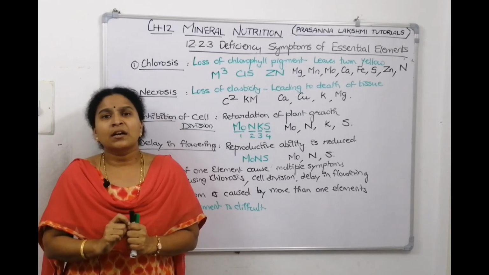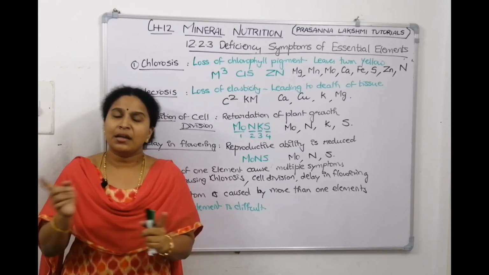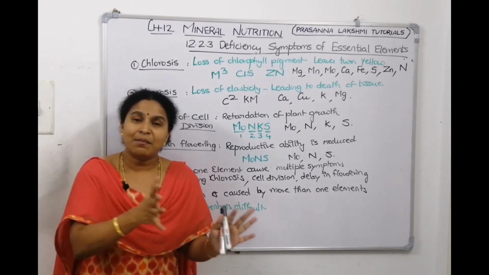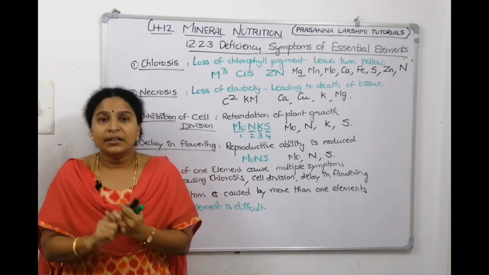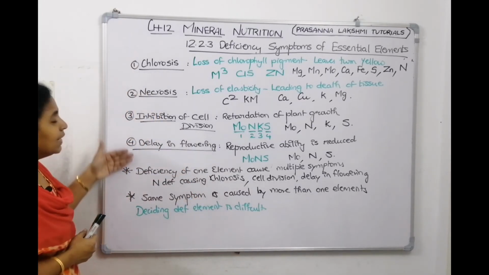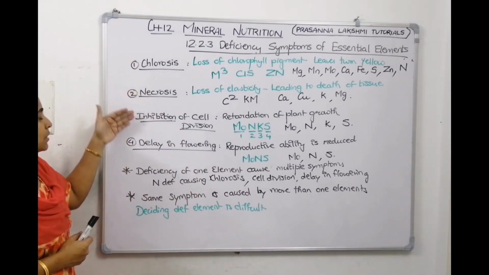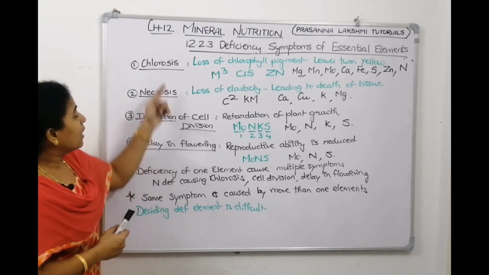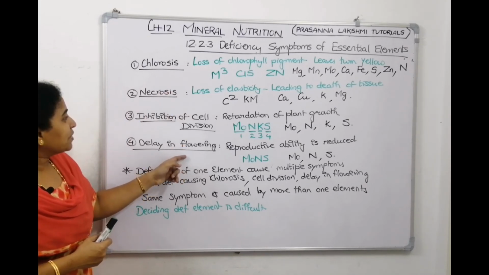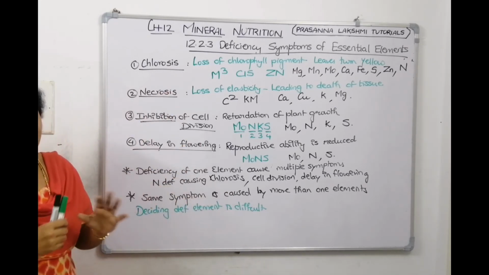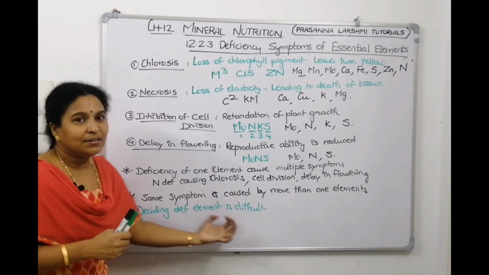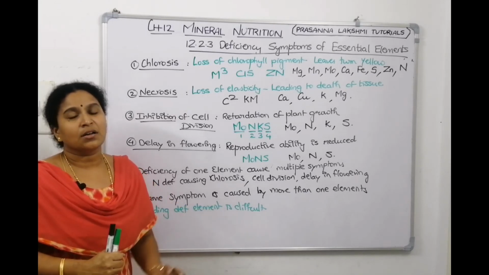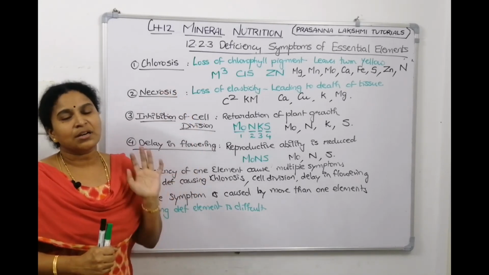Which part gets affected depends upon whether it's a mobile or immobile element. 15 essential elements are mobile, only 2 are immobile, calcium and sulfur. Then we came to the 4 important symptoms: chlorosis, necrosis, inhibition of cell division, delay in flowering. One element causes many symptoms, and one symptom is caused by many elements. Our conclusion is that deciding which element's deficiency it is, is not easy. We have to study all the disorders, compare with the table, and come to a conclusion.